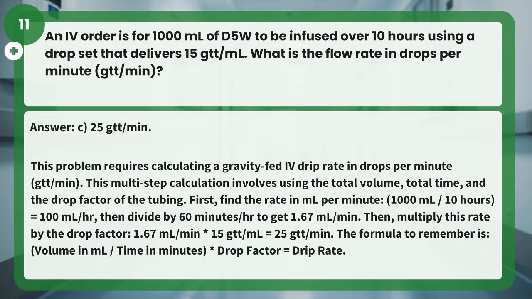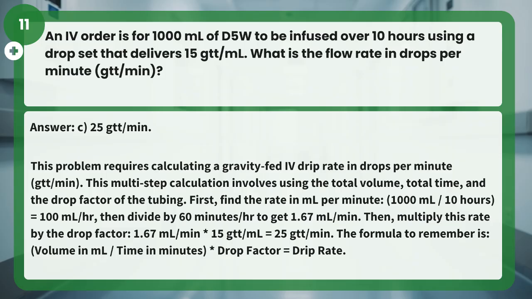Answer, C. 25 gtt/min. This problem requires calculating a gravity-fed IV drip rate in drops per minute, gtt/min. This multi-step calculation involves using the total volume, total time, and the drop factor of the tubing.